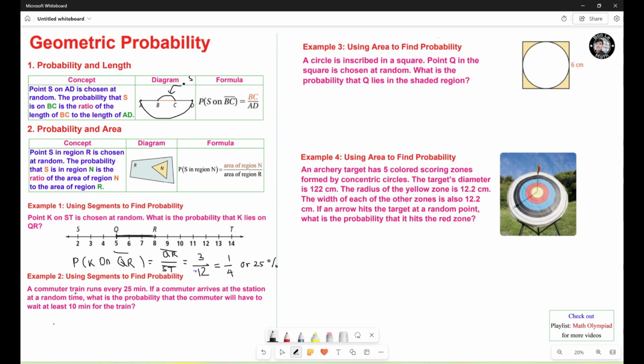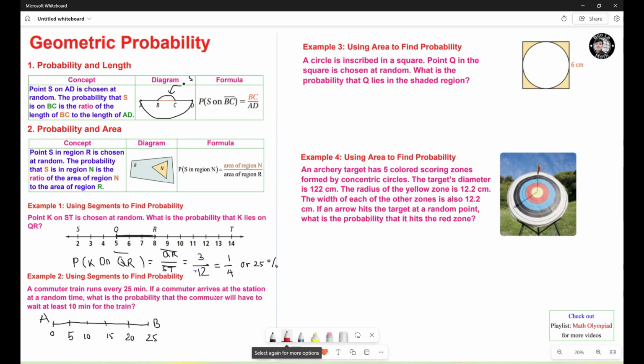A commuter train runs every 25 minutes. So we draw a line segment of 25 minutes. Point A right here, point B right here. This is 0, 5, 10, 15, 20, and 25.